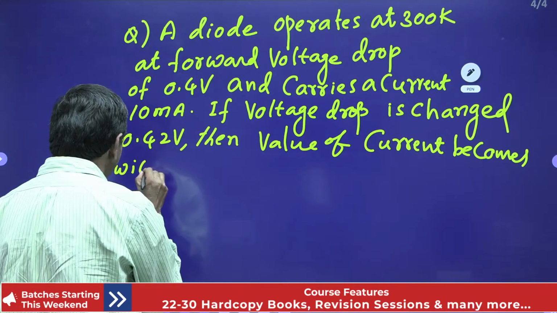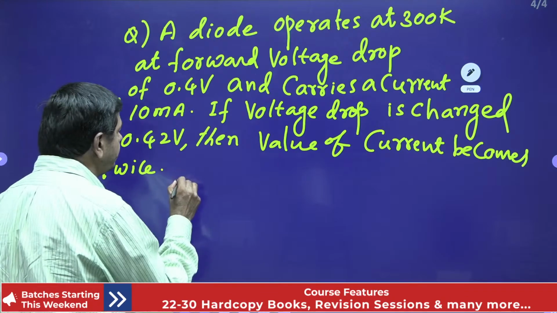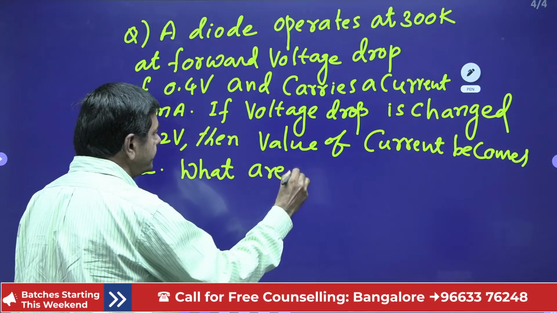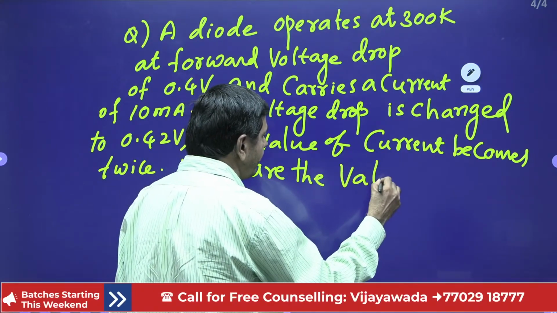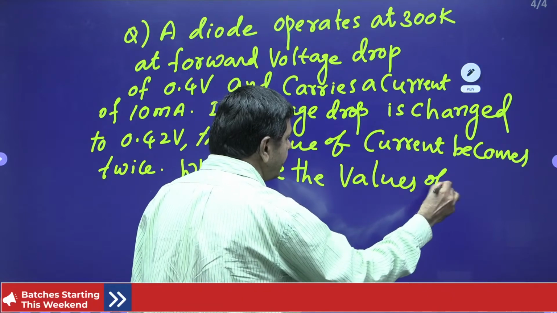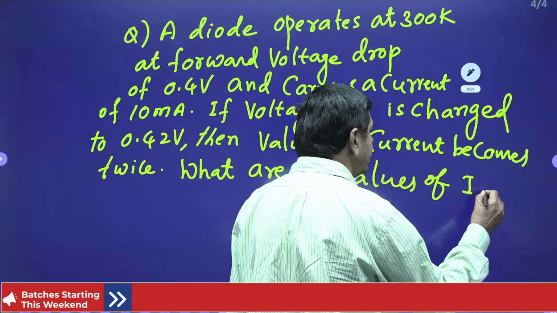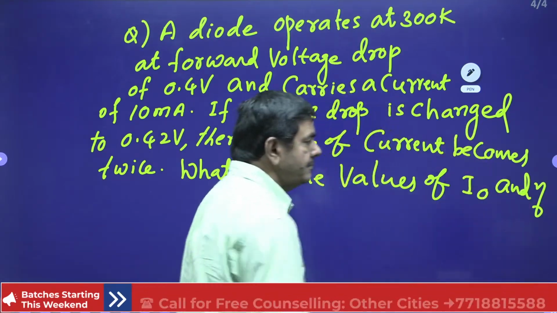The current is becoming twice. What are the values of I naught and eta? It is given in the problem.